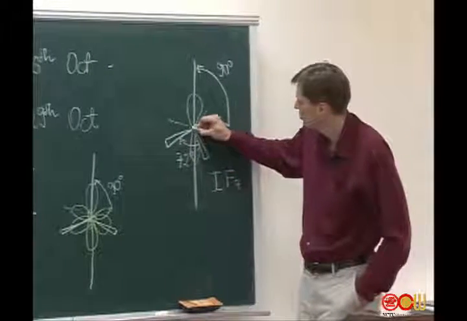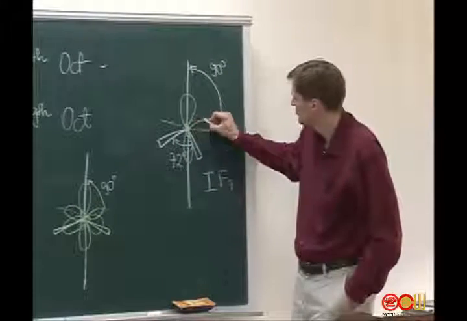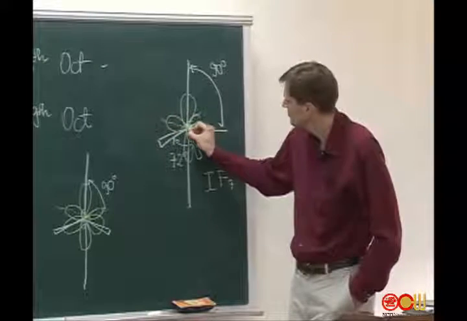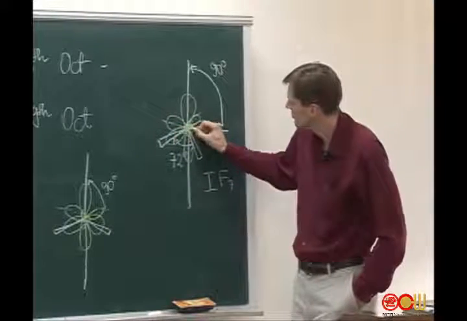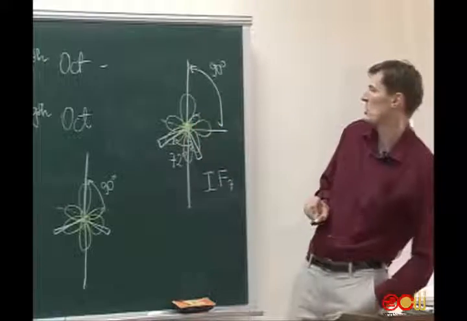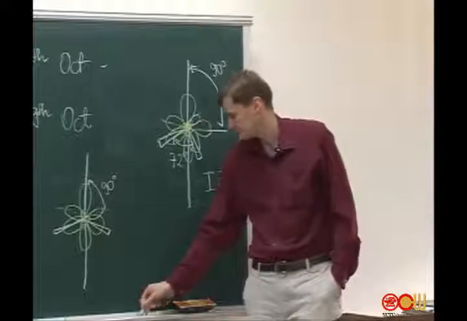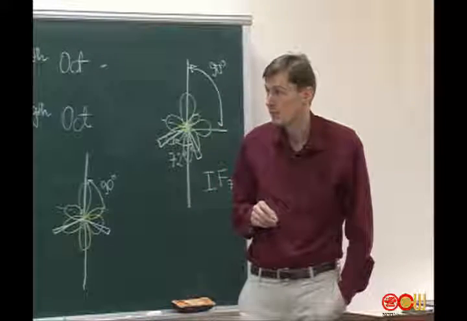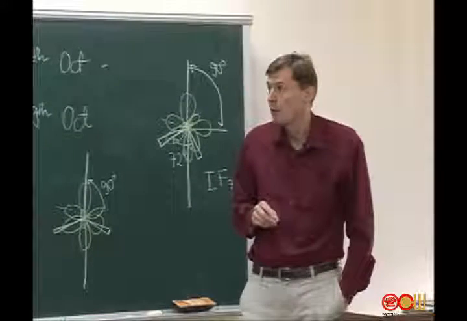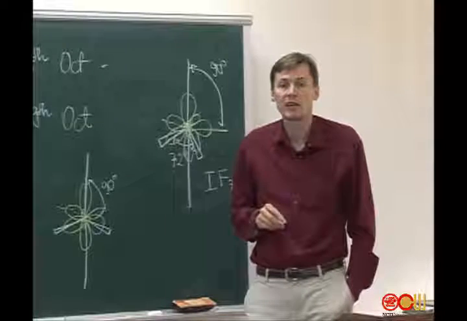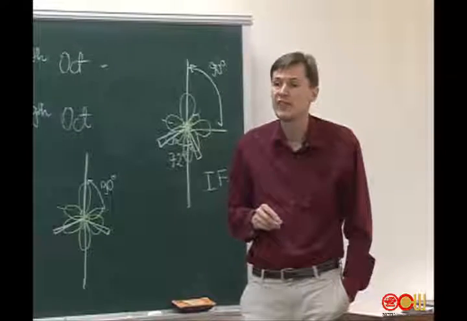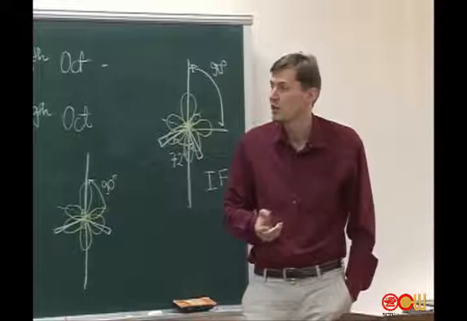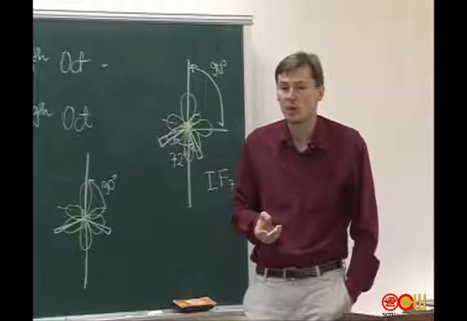Especially in this case. Good. Now, why is this important? Because this tells you that the number of neighbors also defines the shape of the molecule.